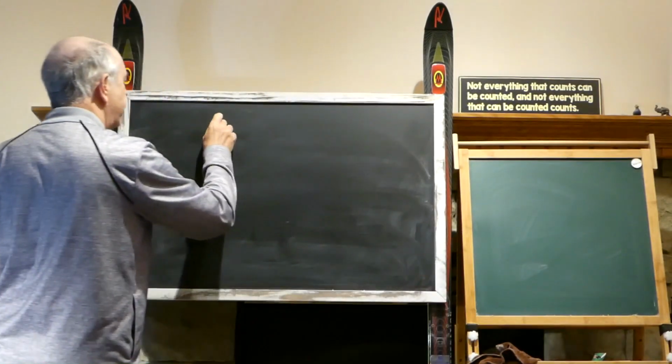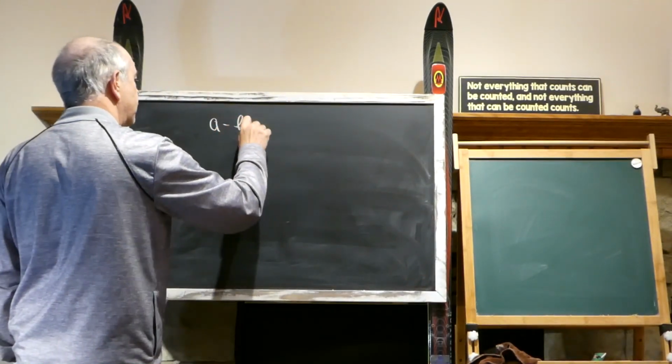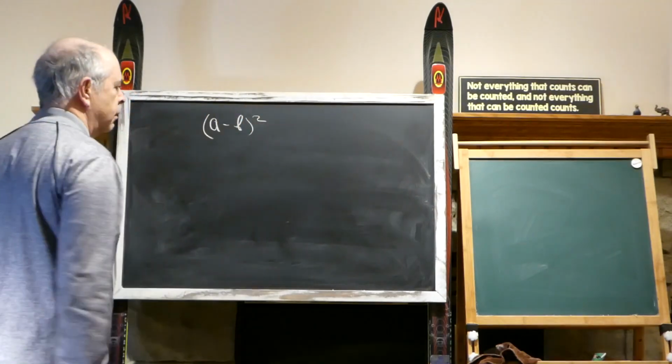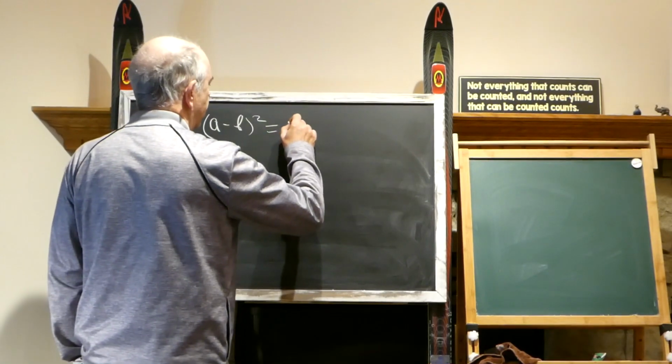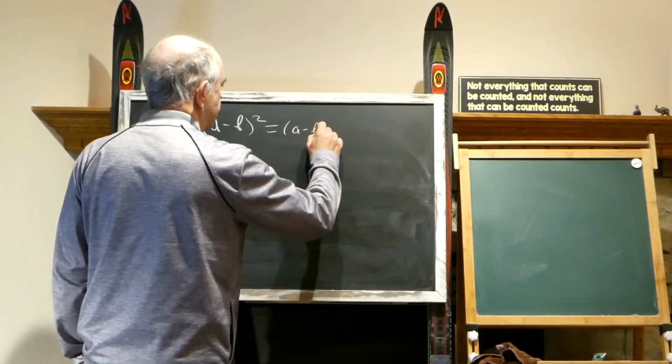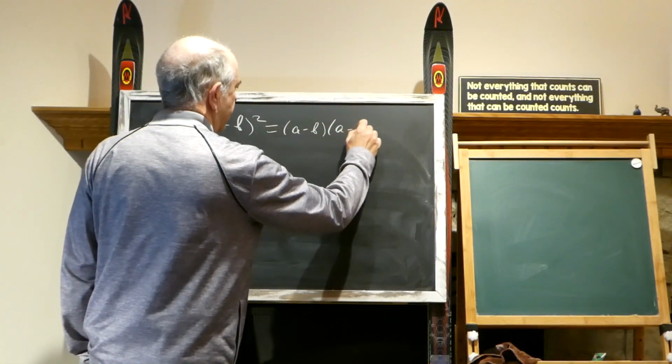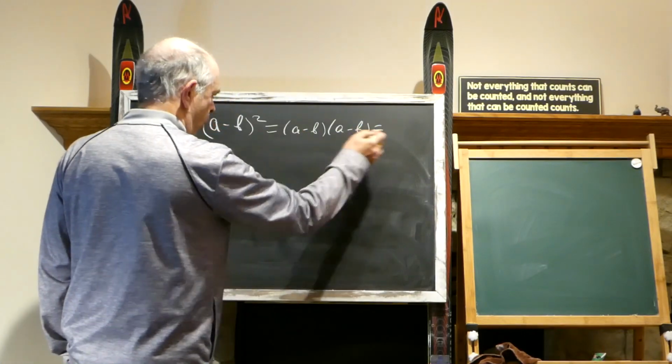And of course, if you have (a minus b) squared, what is it? It's exactly the same thing, only here is a minus b, and here is a minus b, and we open the brackets.